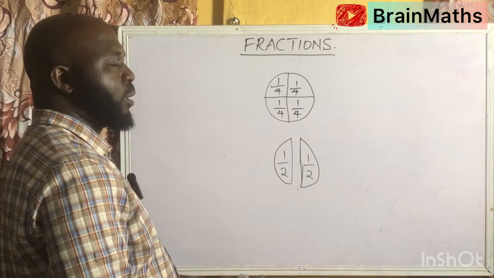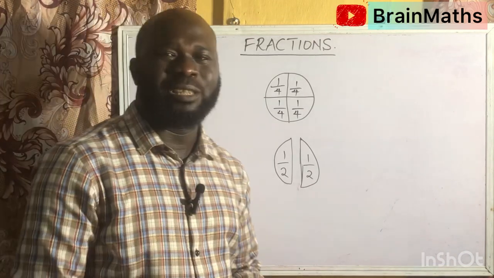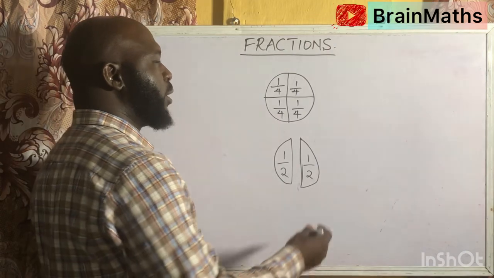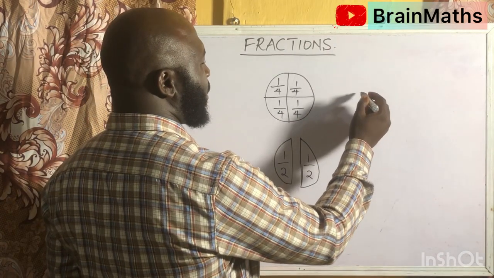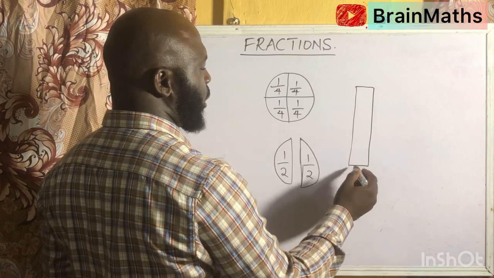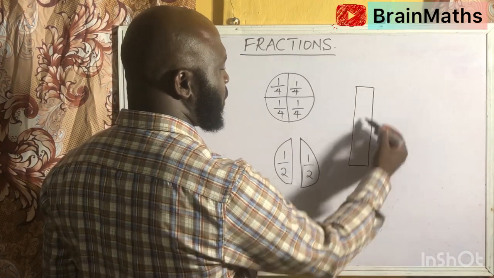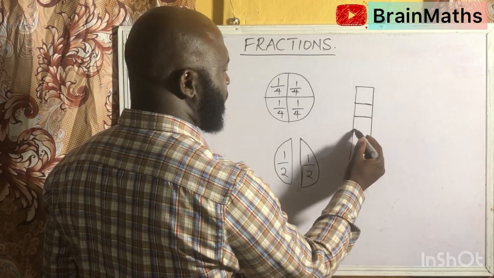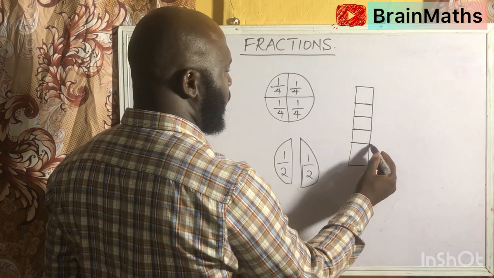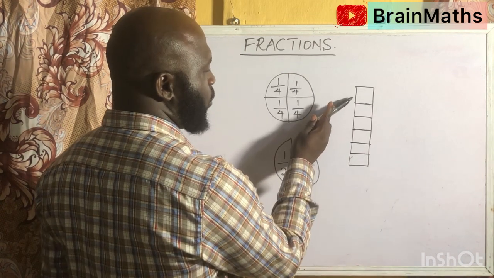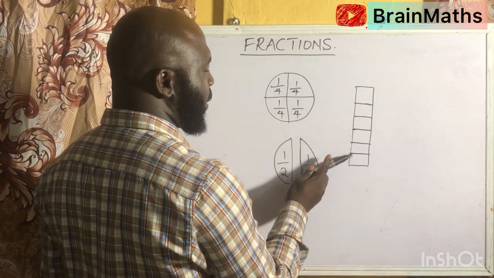So we can have fractions in different types of things. Fractions may be gotten from anything. Let's look at this brick. If we divide this one brick into several parts, how many parts do we have here? 1, 2, 3, 4, 5, 6.